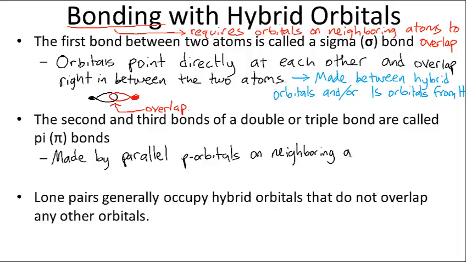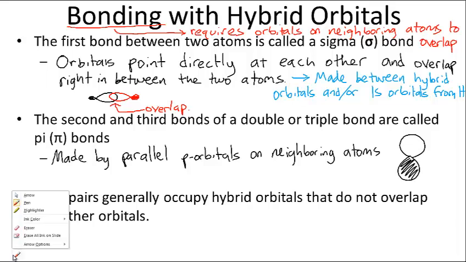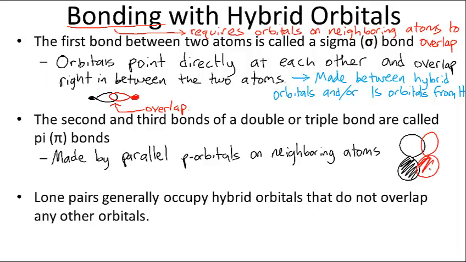So I could have a p orbital on one atom like this, and then on a neighboring atom, I could have a p orbital that overlaps with it, sideways like that.